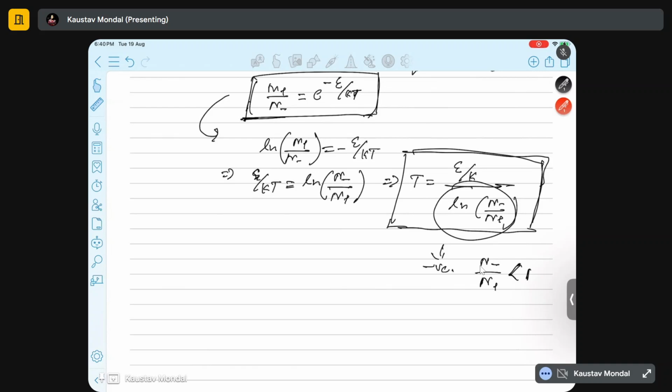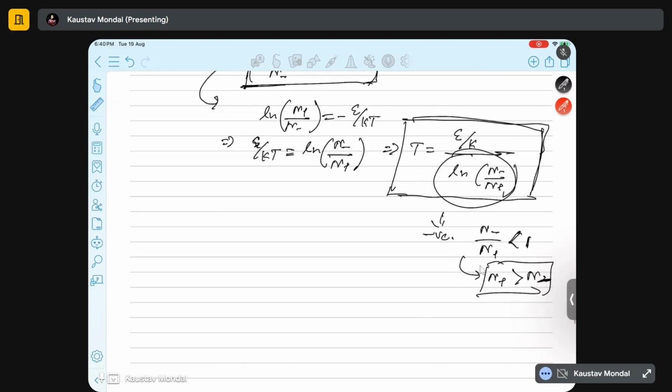So that means n plus would be greater than n minus. Okay, this is the condition to obtain the minus temperature.